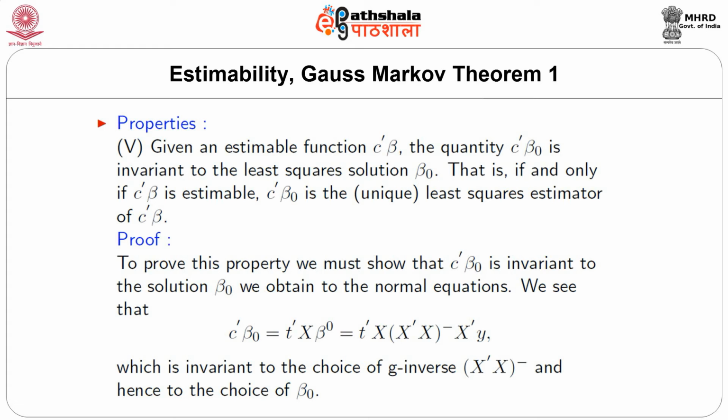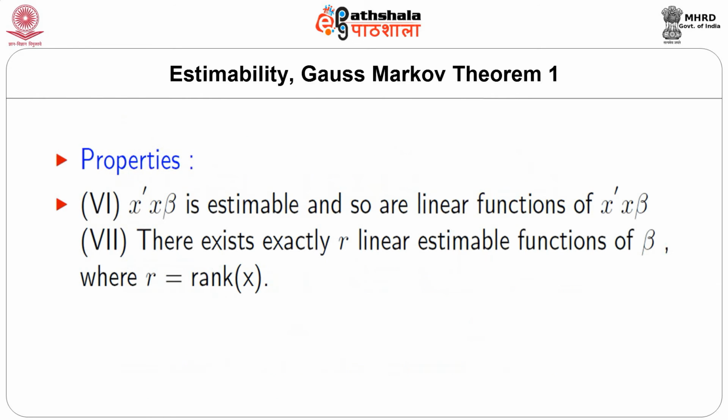We see that C transpose beta naught equals T transpose X beta naught, equal to T transpose X times X transpose X G inverse X transpose Y. This is invariant to the choice of G inverse X transpose X, and hence to the choice of beta naught. Again, we have used some property of G inverses that we learned from the second tutorial on linear algebra.